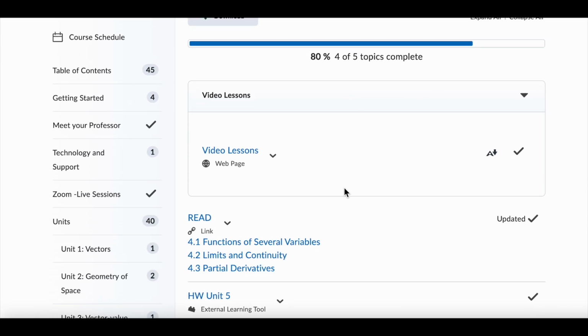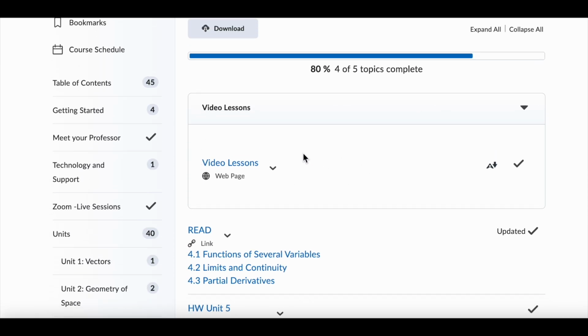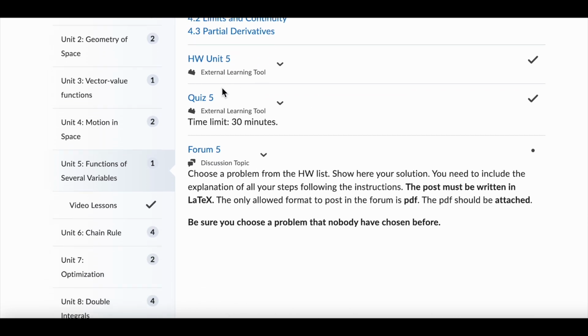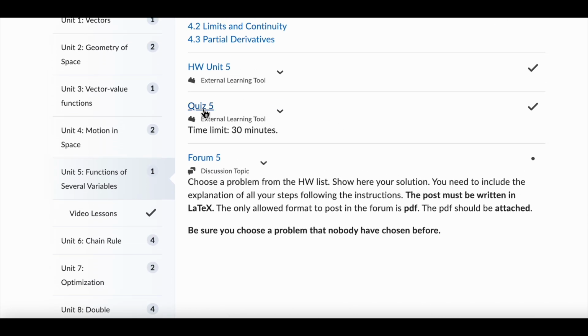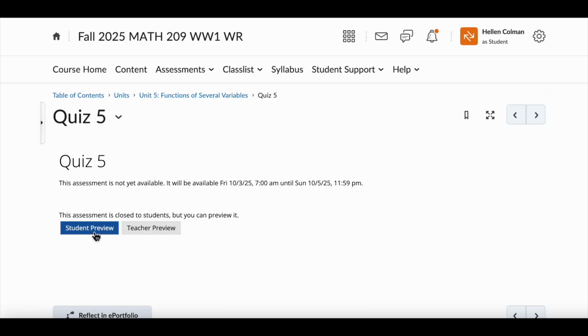Coming back to the lesson, we said that you need to watch the videos, read the book, do the homework, and then the quiz. So the quiz is essentially the same kind of problems that you have in the homework, but you have a limited time to work in the quiz. I mean, since you open the quiz, you have 30 minutes to finish.